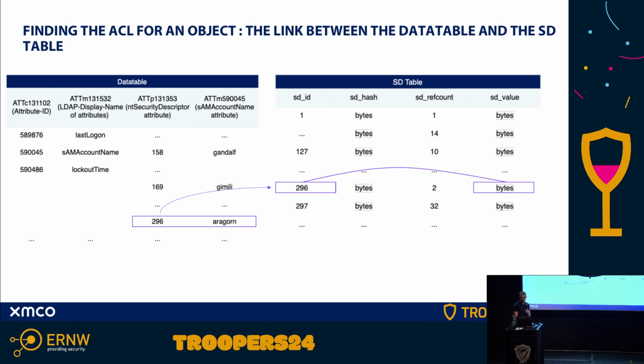That is really important for us because we want to cross-reference that with the SDID value in the SD table, which contains the data related to the security descriptors, and so the permissions on the objects. So in the SD table, we look for the SDID value that matches 296, and we grab the SD value that contains the actual permissions on the object.